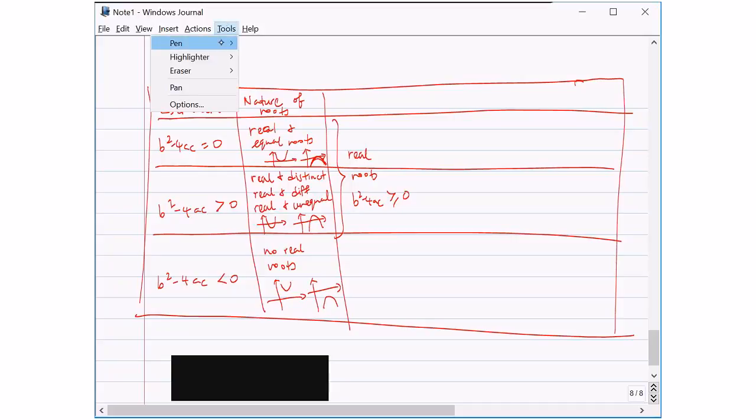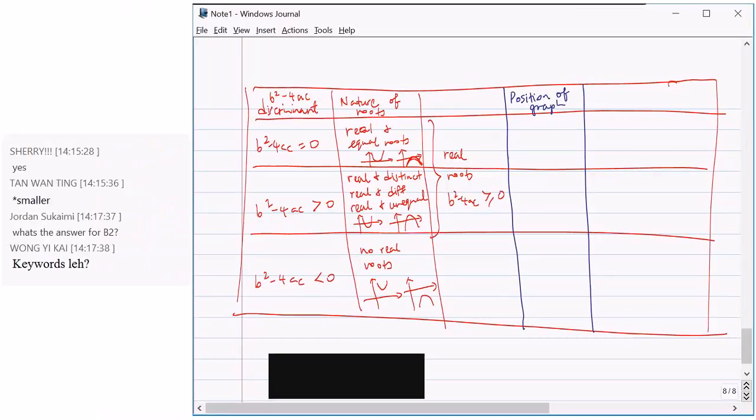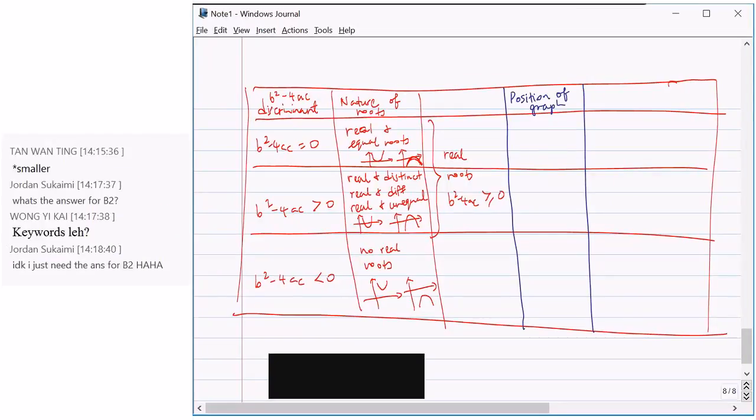Jordan, to answer your question about positive, negative, I suspect you're talking about the output being positive or the output being negative. So we're talking about the position of the graph. Is this what you're talking about just now? If I just need the answer for B2.